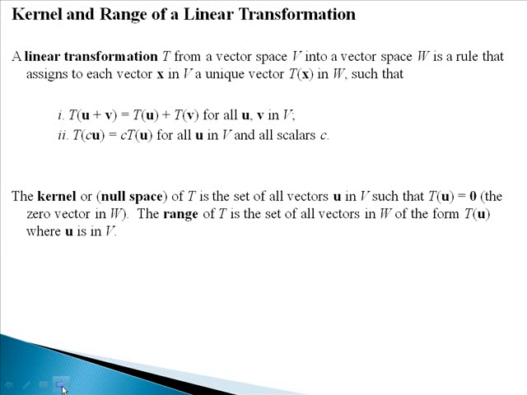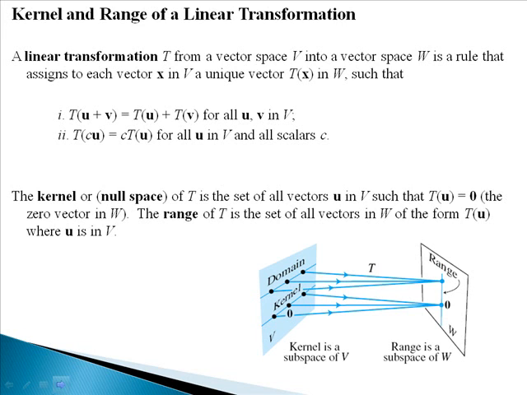The kernel, or the null space, of our transformation T is the set of all vectors u in V such that T of u, which is basically A times u, is equal to 0, which is then the 0 vector in W. And then the range of T is the set of all vectors in W of the form T of u, where u is in V. And here we kind of see a picture of this.